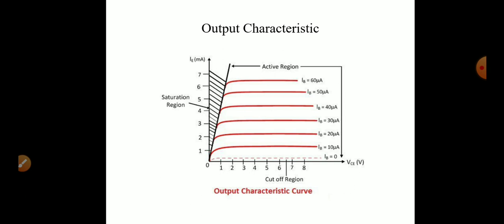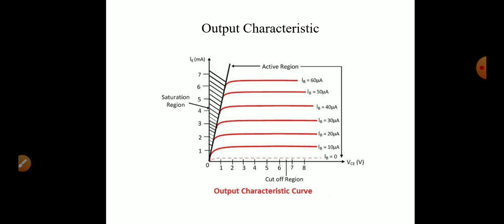When we increase the collector emitter voltage in steps of 1 volt, the emitter current increases rapidly in saturation region. When the collector emitter voltage increases beyond 1 volt, the emitter current remains almost constant.